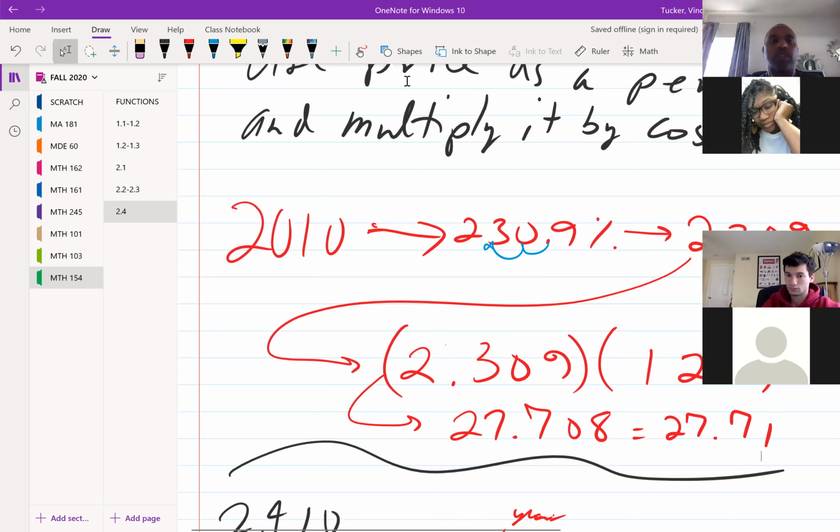All right, questions with the process. So pull the value from the chart for that year that's in question, convert the percentage to decimal, then multiply it times the price that you're trying to convert.